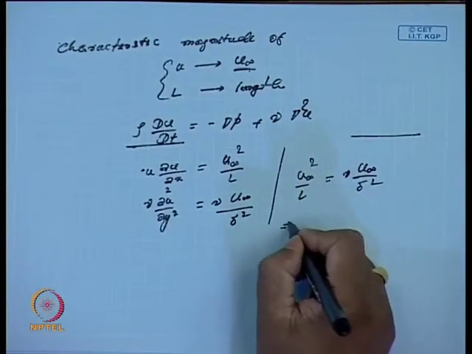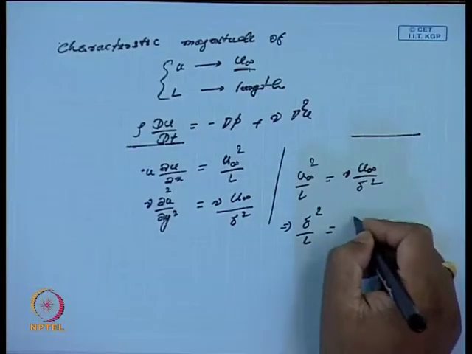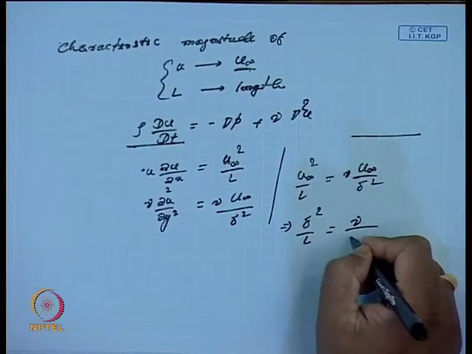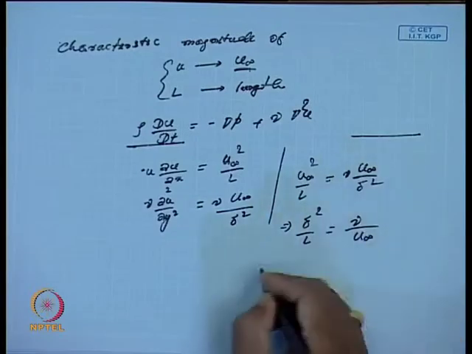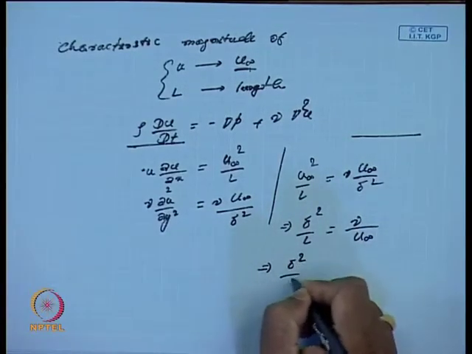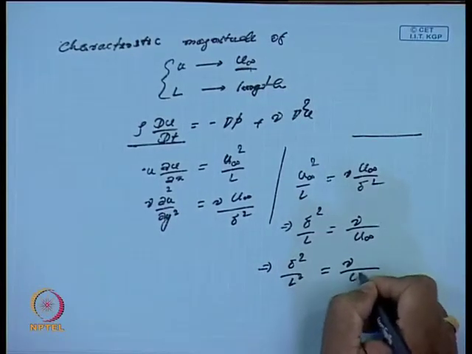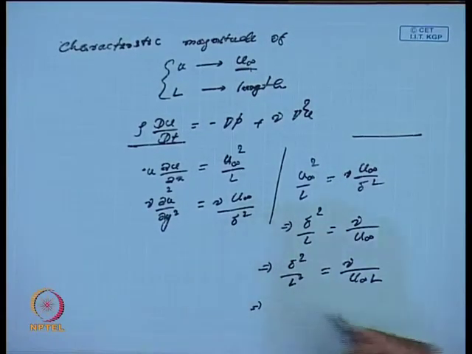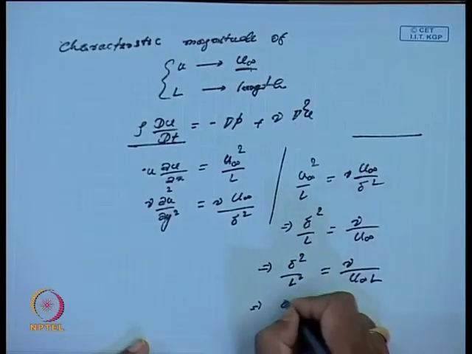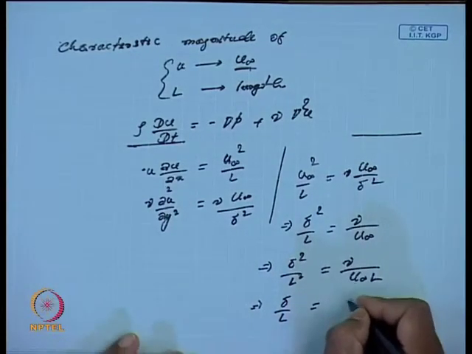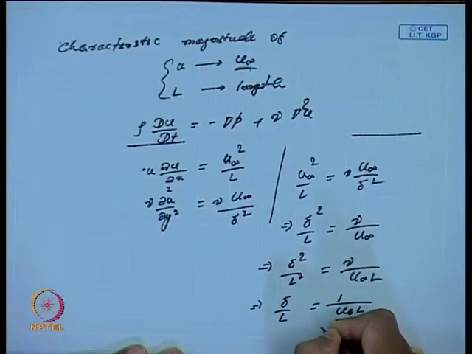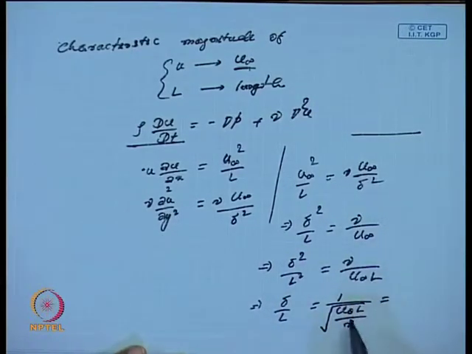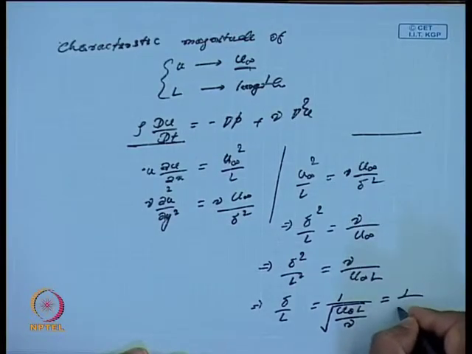Then delta square by L is nu by u infinity, which gives me delta square by L square equal to nu by u infinity L, which gives me delta by L equal to the square root of nu by u infinity L. And u infinity L by nu is nothing but the Reynolds number.